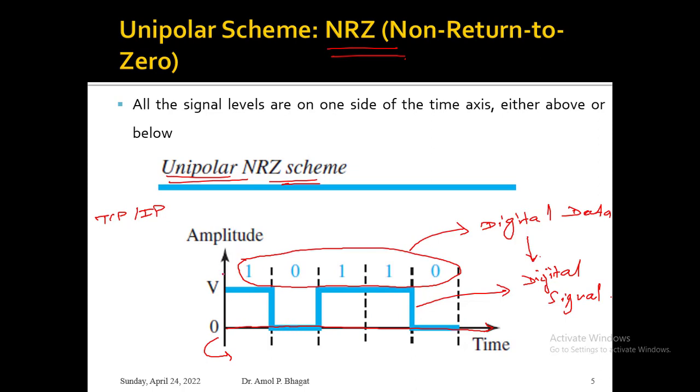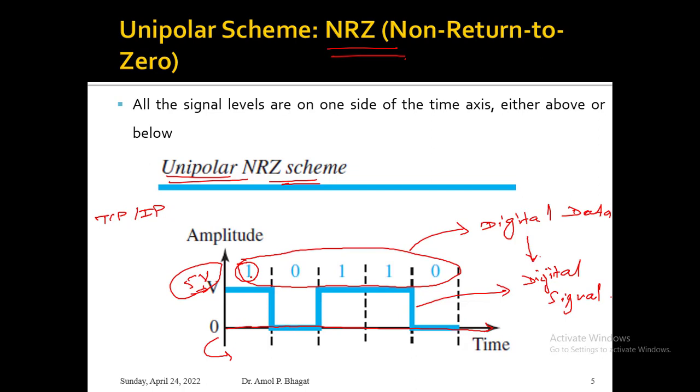Currently in this diagram you can observe that the signal is represented above the time axis, right? So for representing digital data 1 or data bit 1, the high voltage level is utilized, right? So consider here, just for example, 5 volt. Okay, so 1 is represented by using the voltage level 5 volt, right?